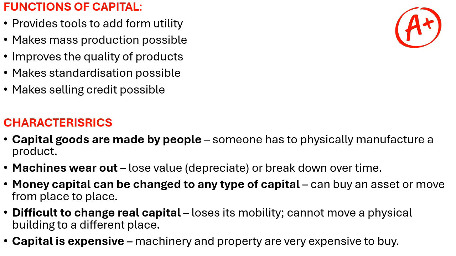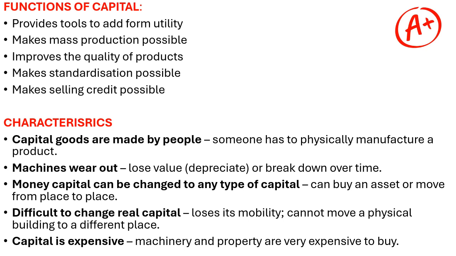So how does capital make it possible for financial institutions to sell credit to you as an entrepreneur, for example? Remember that in some financial institutions like the banks, when you go and borrow money for your business, they're going to require what you call security, meaning they're going to require assets which they can safeguard their loan against, which you own.